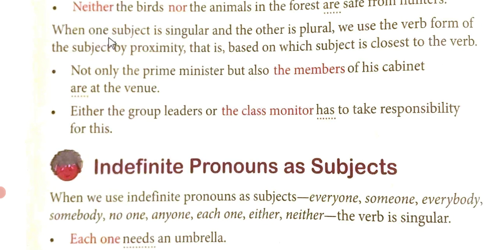Now, when one subject is singular and the other is plural, we use the verb form of the subject by proximity, that is, based on which subject is closest to the verb.